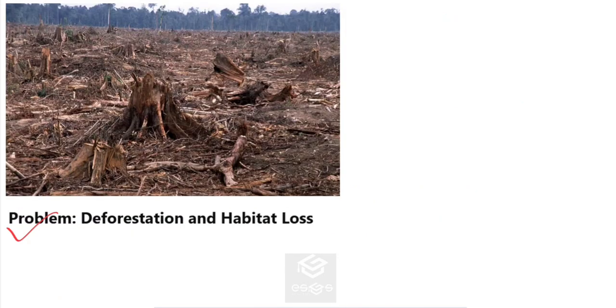Now we'll see another problem example for ESG and sustainability: deforestation and habitat loss. This problem is basically driven by agriculture, logging, and urban expansion, which is leading to the loss of critical ecosystems and also biodiversity.